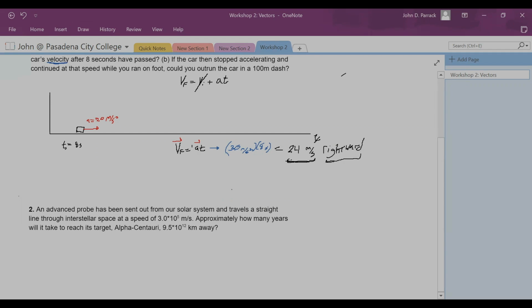And of course, I know we're working with vectors because this whole worksheet is about vectors. But that's something to maybe underline or note. Travels in a straight line. It sounds like one-dimensional motion, right? A line. Interstellar space at a speed of 3.0 times 10 to the 5 meters per second. And they ask us approximately how many years will it take to reach its target, Alpha Centauri, 9.5 times 10 to the 12 kilometers away.